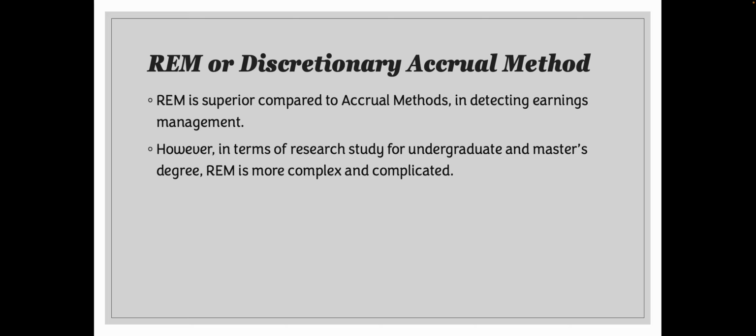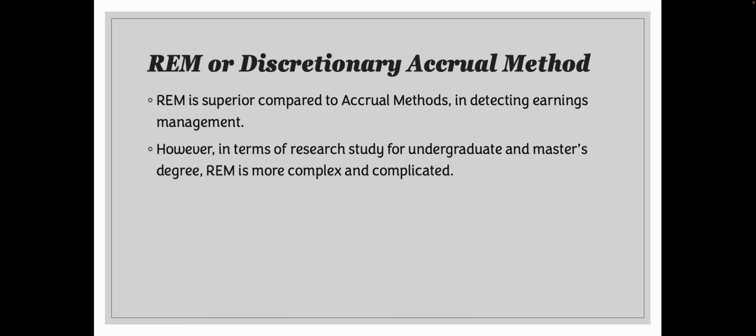When it comes to REM or the discretionary accrual method, REM is superior compared to accrual methods because after the Sarbanes-Oxley Act was implemented, when all these scandals happened like Enron, they put implications and audit procedures in practice to detect accruals.